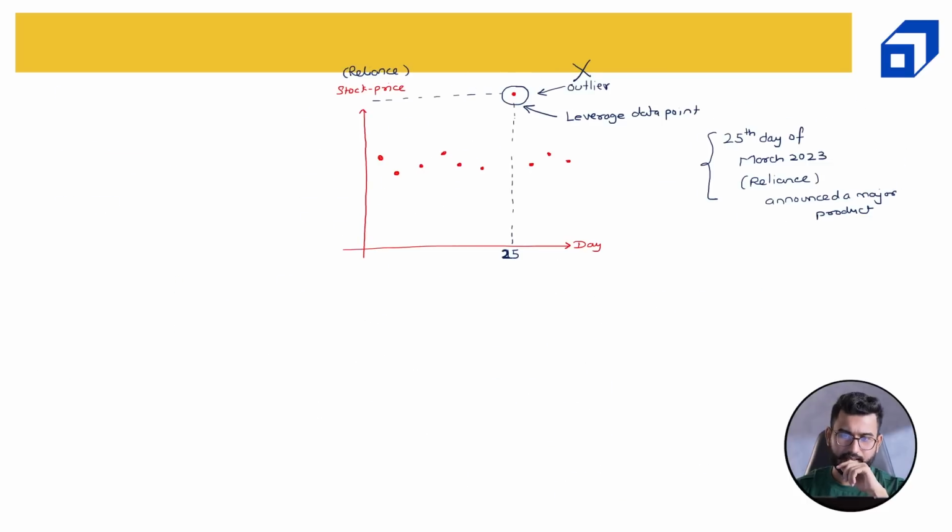But in this case, where we are considering the stock price of a particular stock, let's say Reliance, this data point is the leverage data point, because it has been influenced. The jump is because of a particular external factor, which is nothing but the announcement, right? So I hope you guys are clear till this point. Now we will move forward to the next discussion, which is probability.